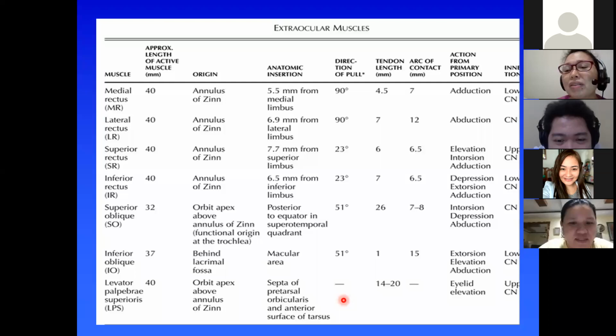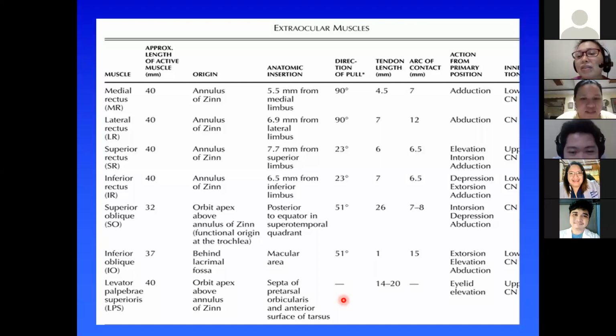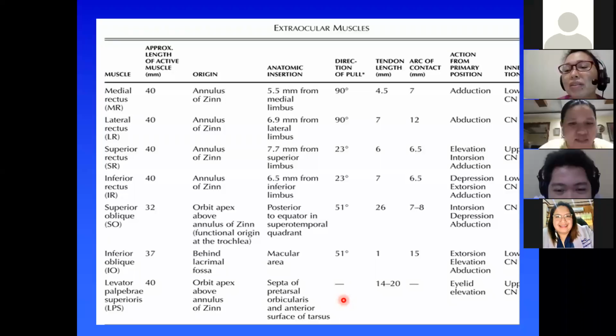The rest, your oblique muscles, although your superior oblique, inferior oblique originates inferior of the lacrimal fossa, behind your lacrimal fossa. Your levator is still apex above annulus.